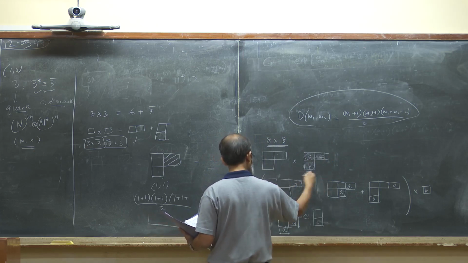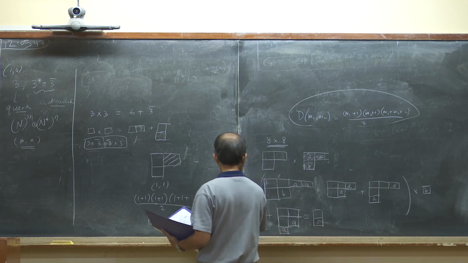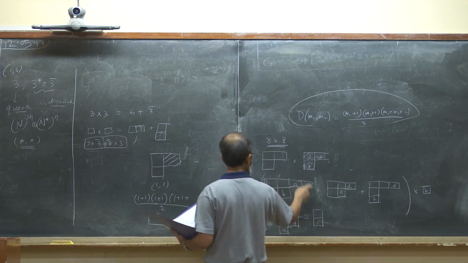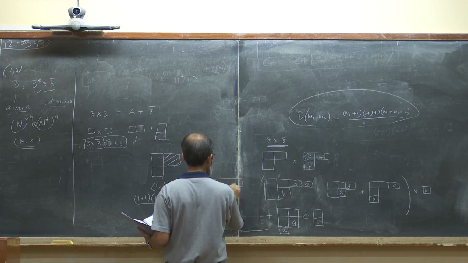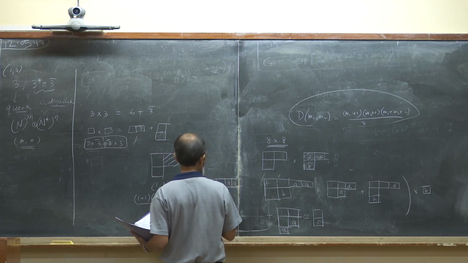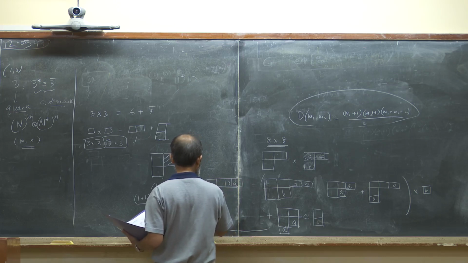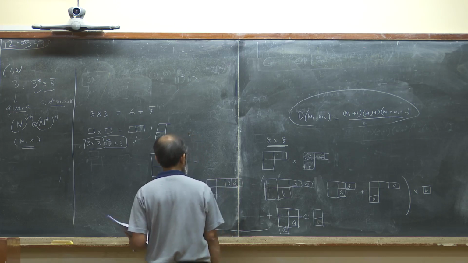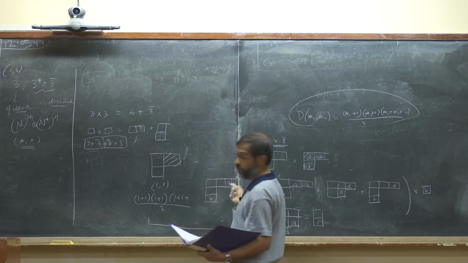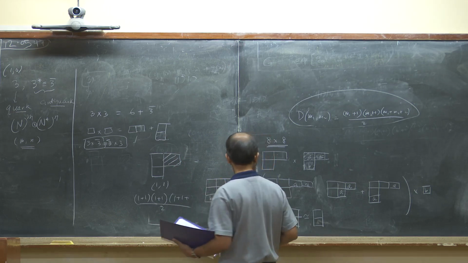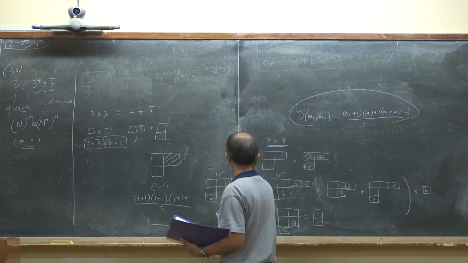Now with the same configuration, there is another possibility, which is the following. Remember that this is where this guy was, and here you could put it here. That is also okay, because you have counted 2 A's, so this one is a valid diagram. So this is okay, this is okay.